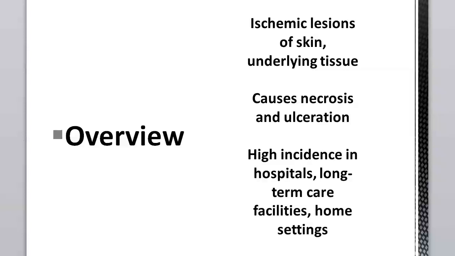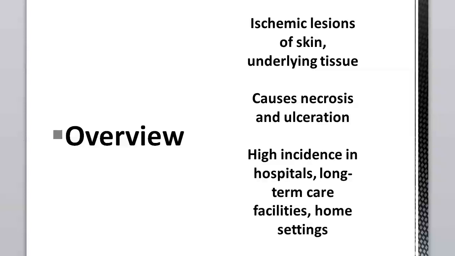I guess they don't have enough data to inform us about the extent of the problem actually in the home, but I'm sure it's very high as well. With the increasing number of older adult patients being cared for in the home, I bet that number may be as high as what's occurring in the long-term facilities, or it could even be higher, depending on the reason why a patient has developed a pressure ulcer.